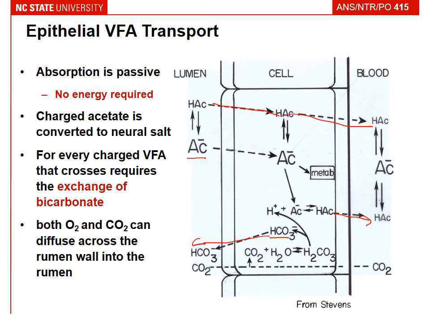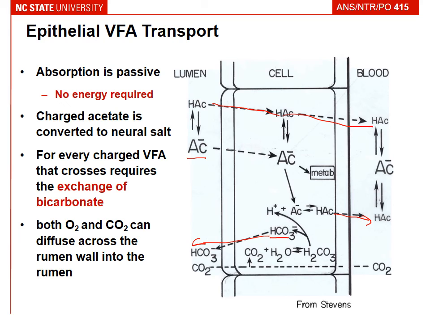If we have acetic acid absorbed, we end up needing to alter it and neutralize it. So we have our carbon dioxide. We pull it in from the rumen, add it with water, and we get carbonic acid produced.